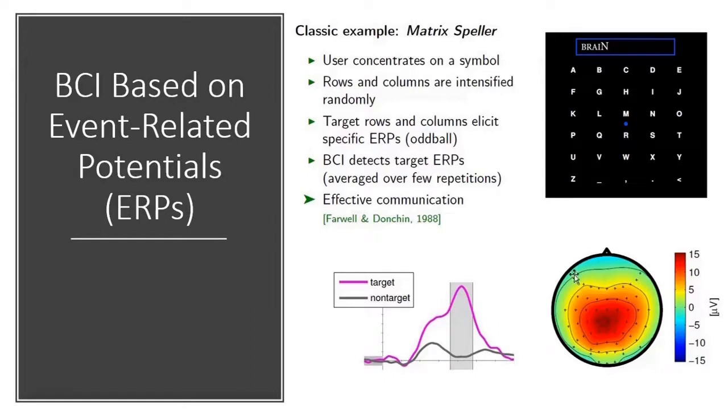Here electrodes are denoted by crosses. This is the nose of the human, and the red represents the amplitude value, increased or decreased. So we can see that the brain response can be picked up from the central locations of your scalp.